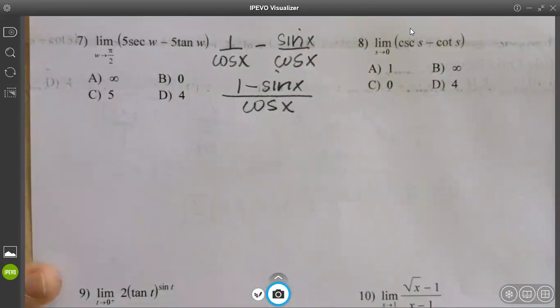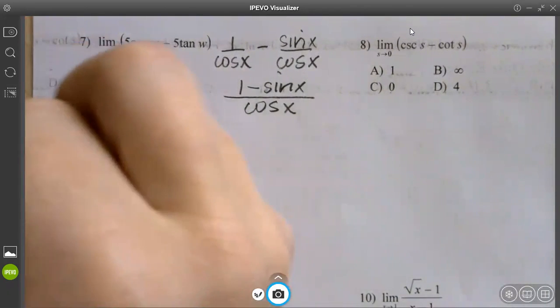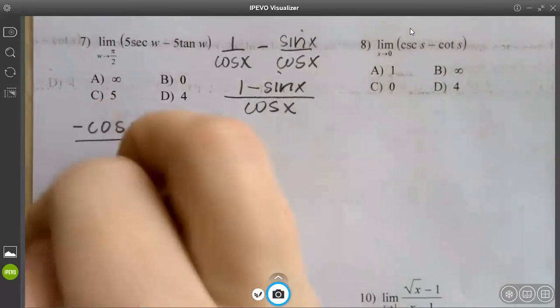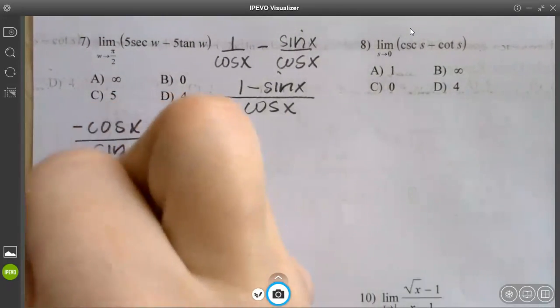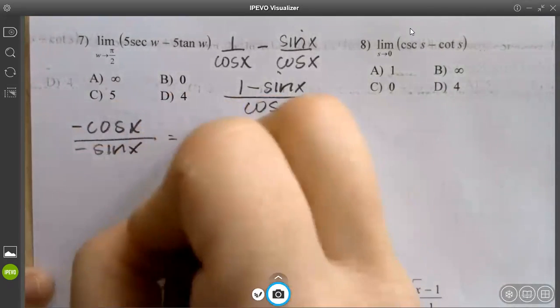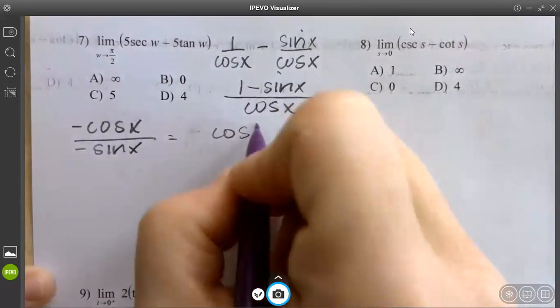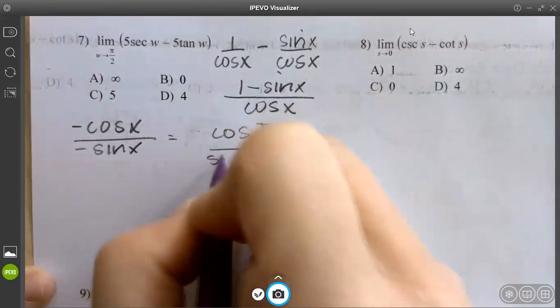Derivative of 1 minus sine x, negative cosine x. Derivative of cosine, negative sine x. From here, it's a positive, and we're going to plug in pi over 2.